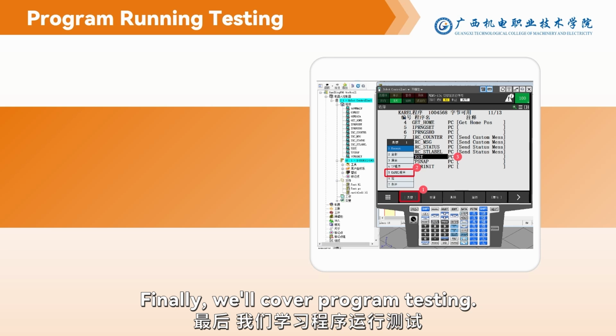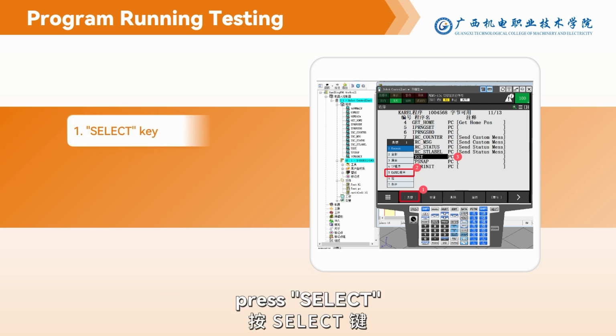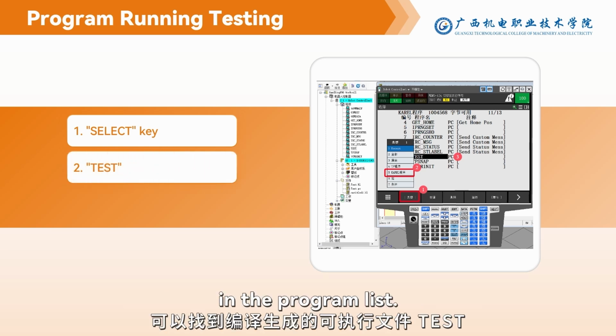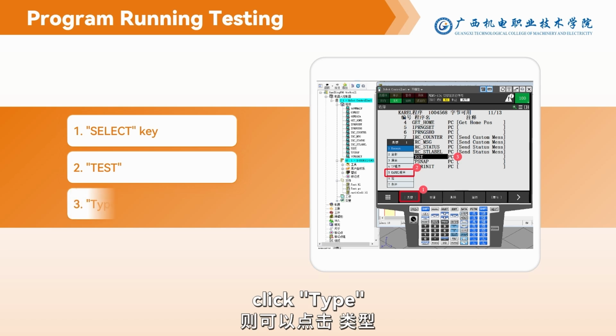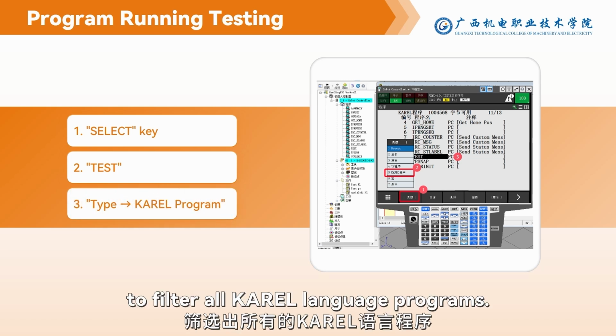Finally, let's look at KAREL program testing. On the Teach Pendant's control panel, press Select to find the compiled executable file in the program list. If there are many programs, click Tab and select KAREL programs to filter all KAREL language programs.